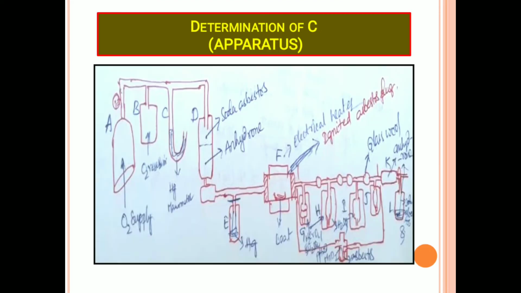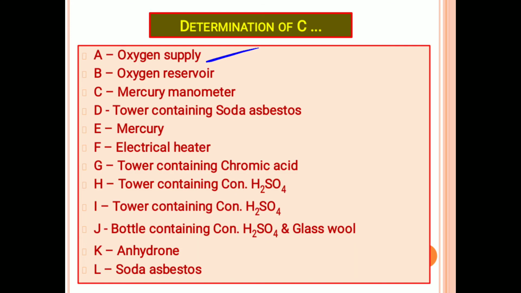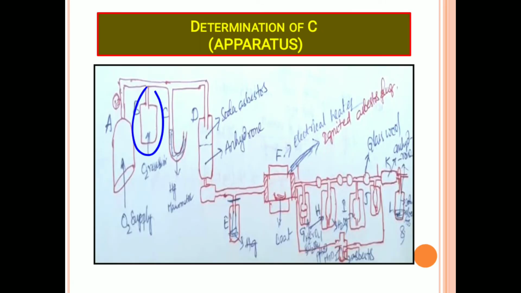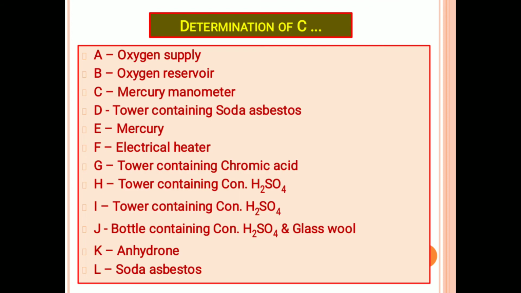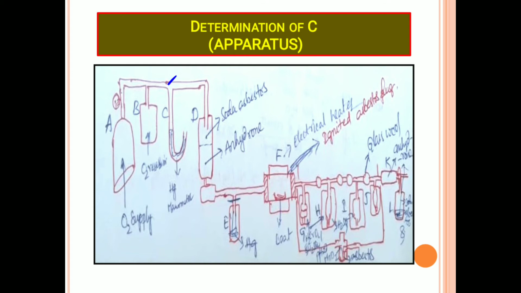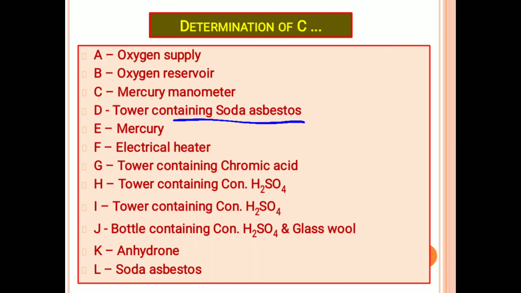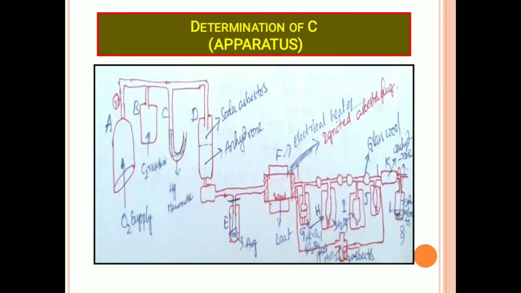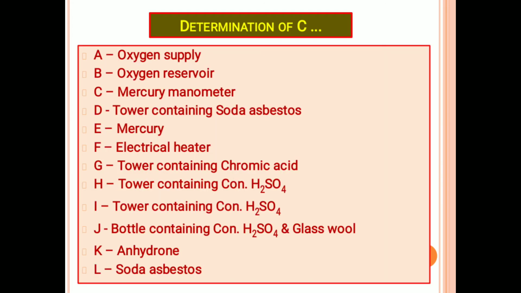Part A is for oxygen supply, and B is the oxygen reservoir. You can observe the oxygen reservoir here. Next C is the mercury manometer. You can observe the mercury manometer here. Next, D is the tower containing soda asbestos and anhydrone.